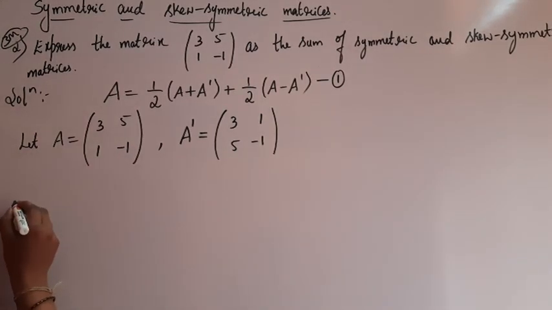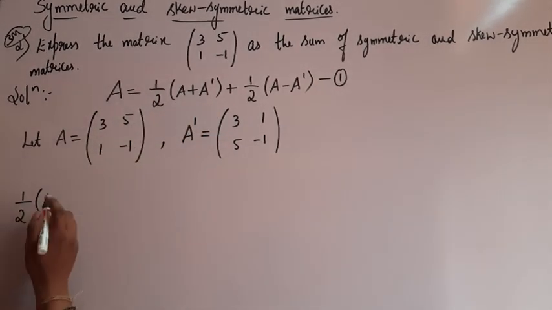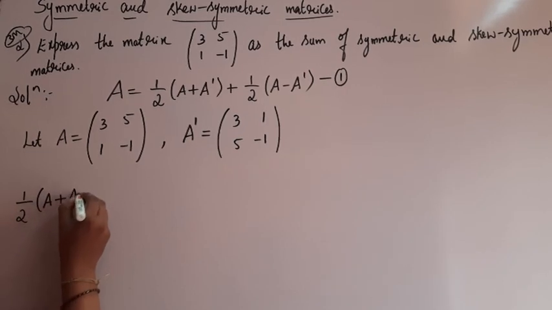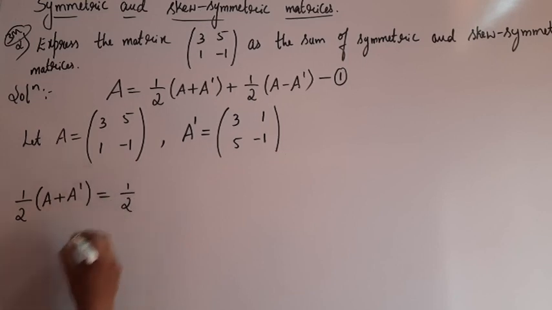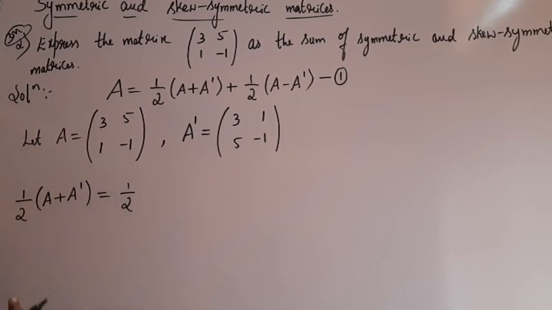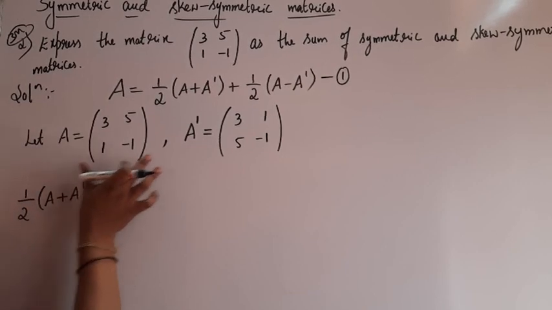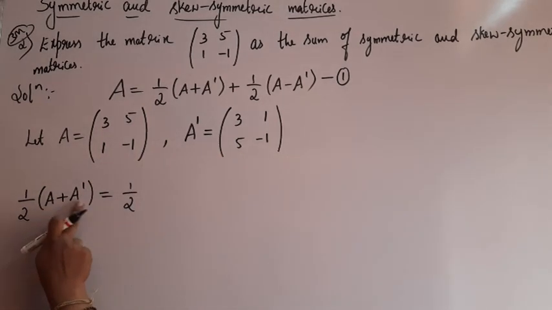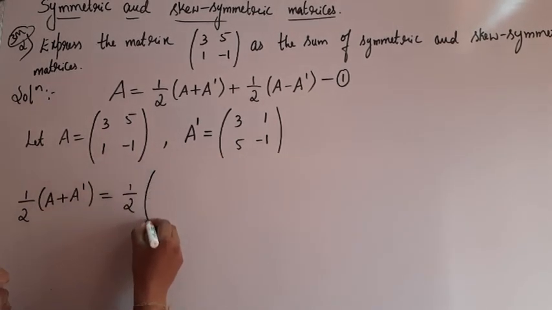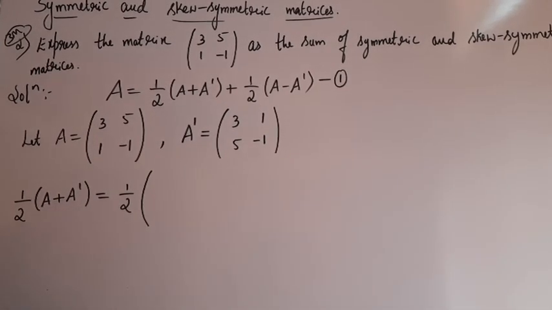Let us now evaluate each expression. First find 1 by 2 into (A plus A dash), the symmetric term. Here we have matrix A and A dash, that is the transpose, and we add them, taking the addition of these two matrices, adding their corresponding elements.